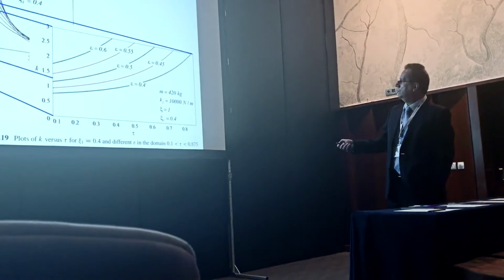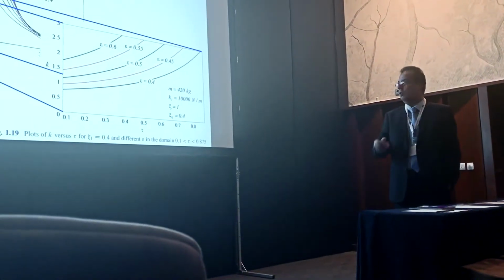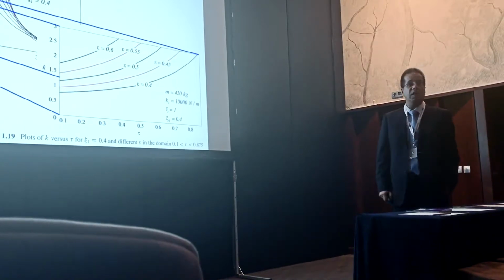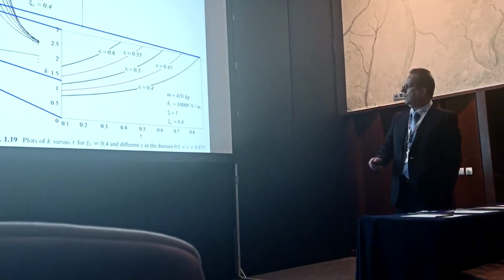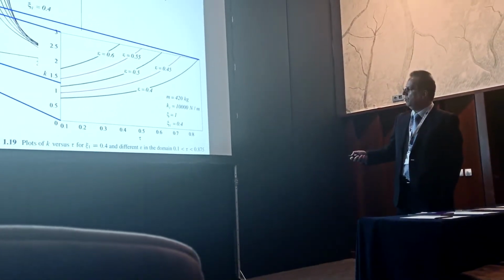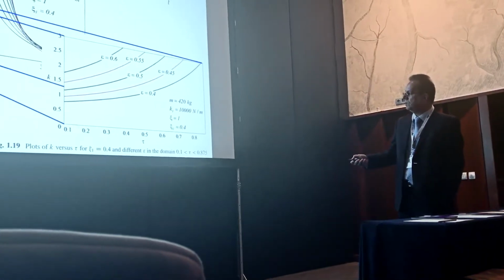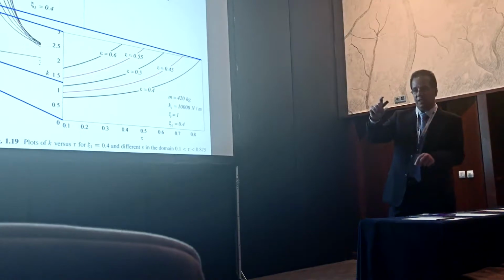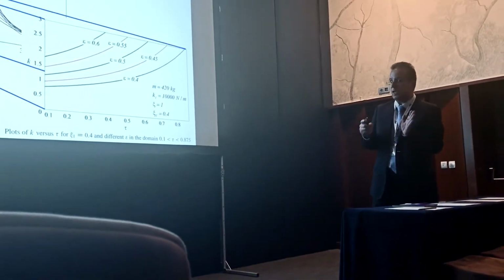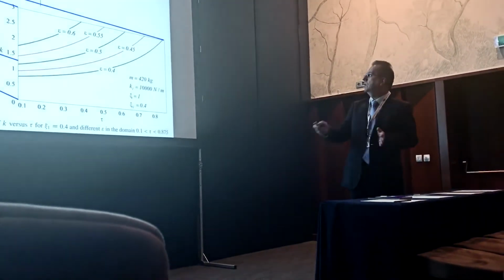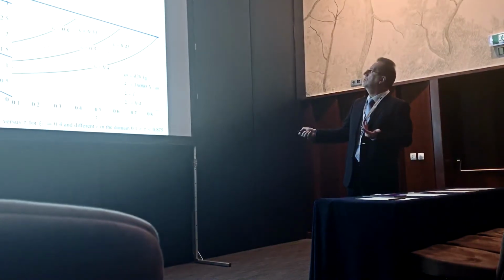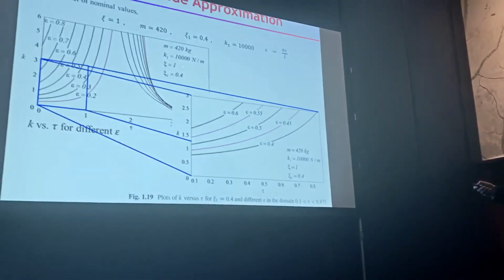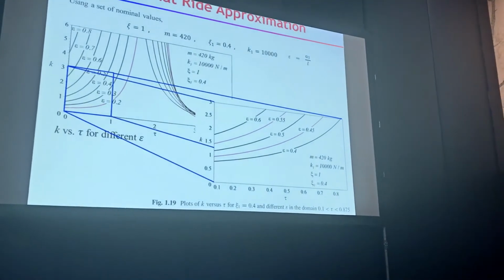Okay, let's assume that K1 is 10,000, which is a nominal value, and this one says what K should be. Let me clarify. If, for example, we are driving with a speed that gives us 0.3 for tau, 0.3 was L over V, so velocity of the car depends on wheelbase. There's no wheelbase here. Where is wheelbase? In the previous slide, I gave you a wheelbase.